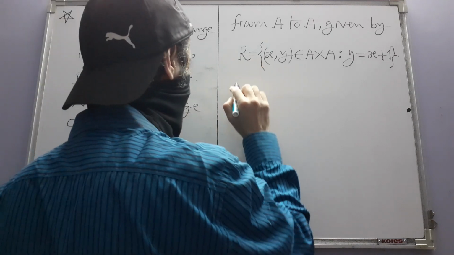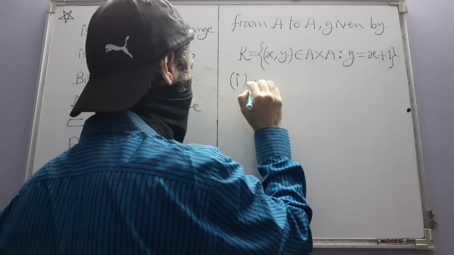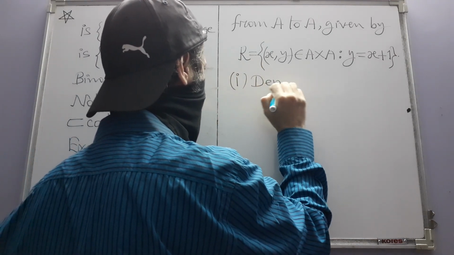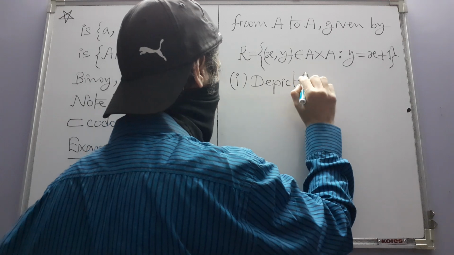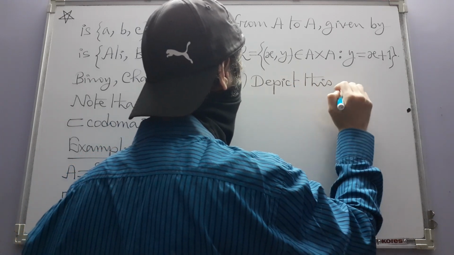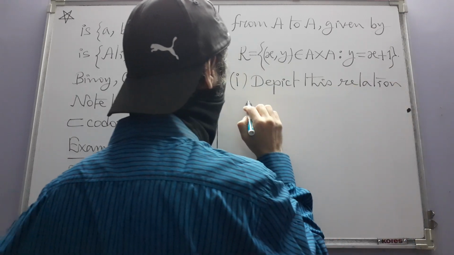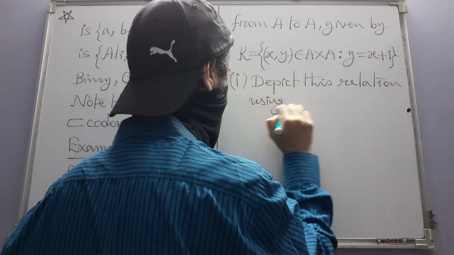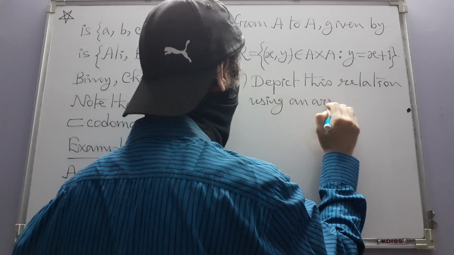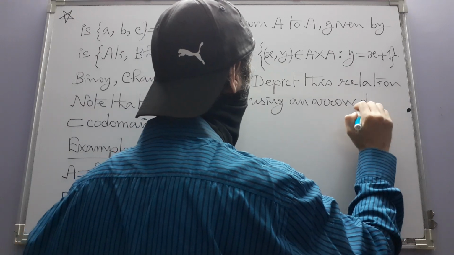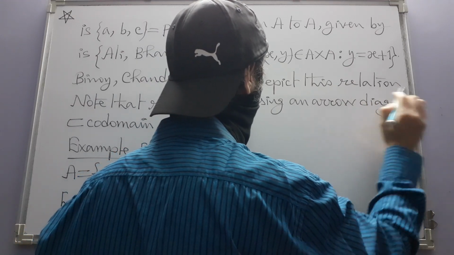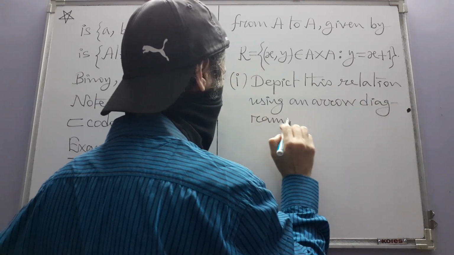Okay, so we have to do two things. Depict this relation using an arrow diagram. So that's one thing.